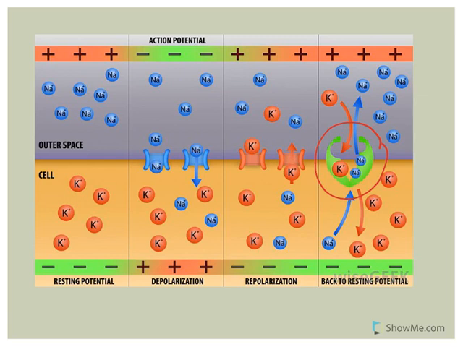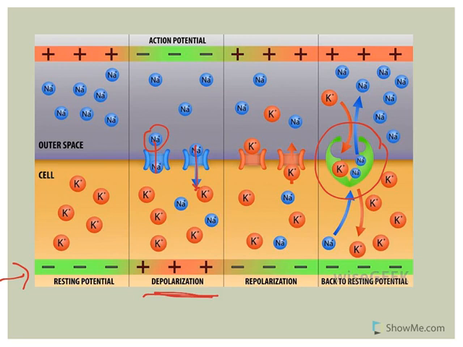So let's go through the steps again so you can see. At resting potential, you're negative inside compared to the outside. You have more sodium outside, more potassium inside. You depolarize, and you see the sodium ions moving into the cell. You get enough of those positive charges coming in, and it becomes positive inside.